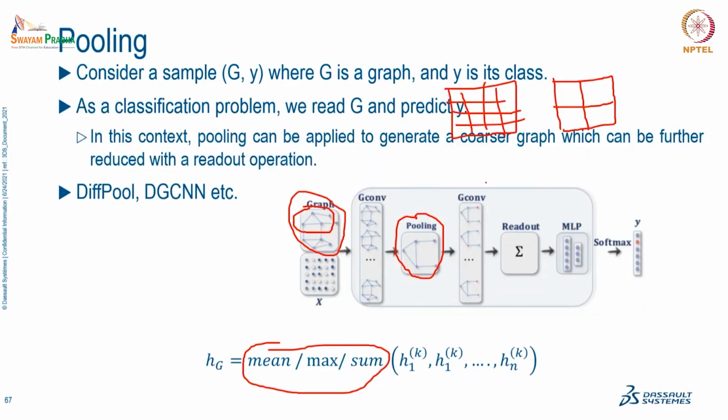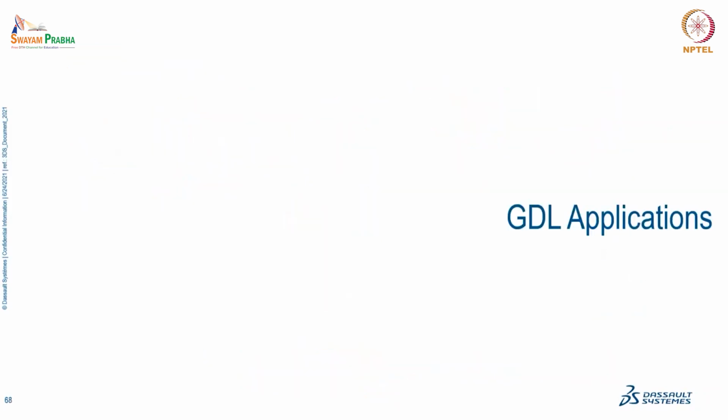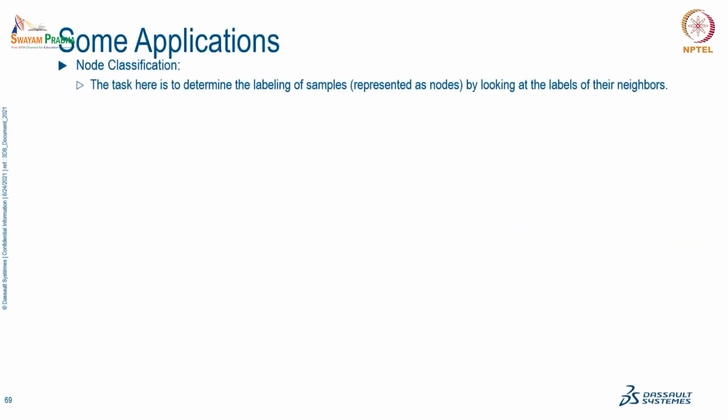So we'll go to the application side. Some applications include node classification, where you predict certain features of other groups of people, or you want to predict whether someone is a smoker or not a smoker based on the features of the people.